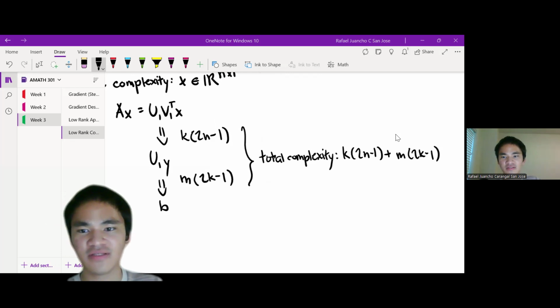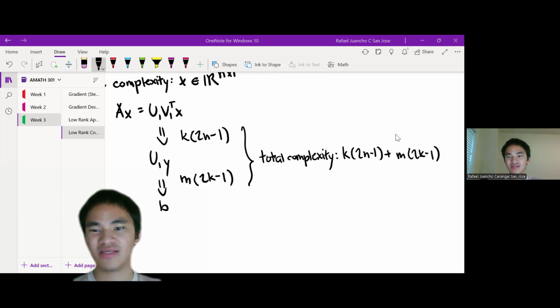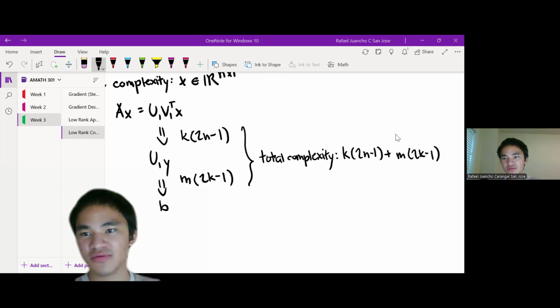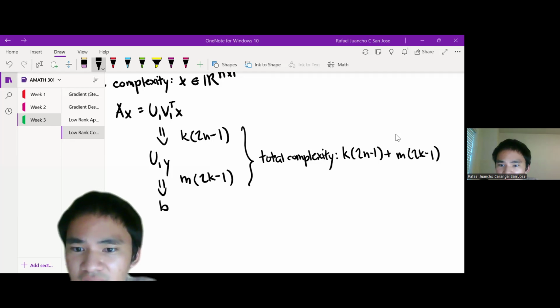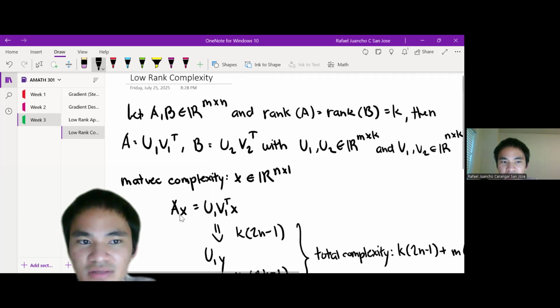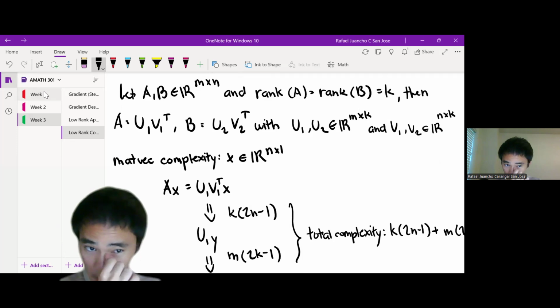And so here we can definitely see this is faster compared to just doing it Ax, right? If we were to do it Ax, we would get, if I'm not mistaken, pretty sure we get some complexity. Let me double check.